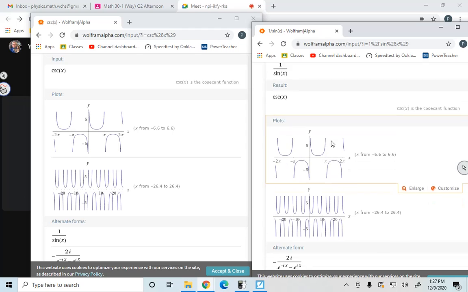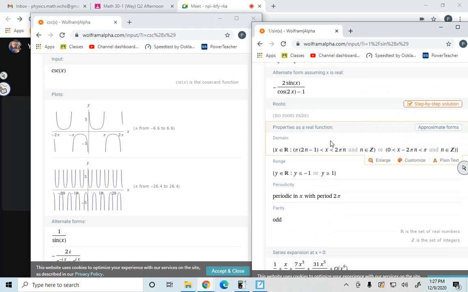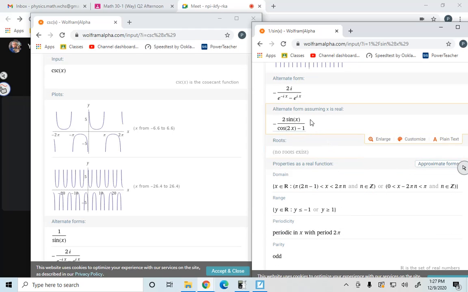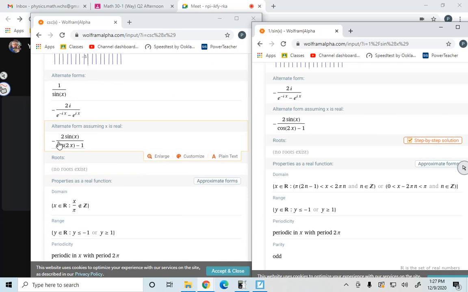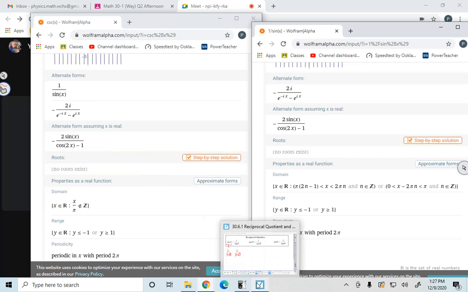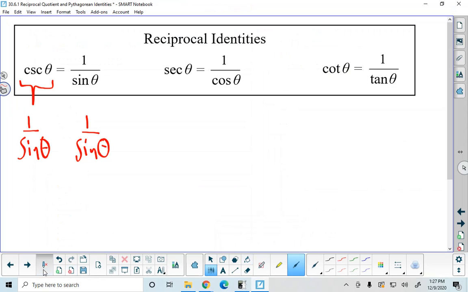It looks like the same thing. What's an alternate form of 1 over sine? It's this expression here. Well, that's the same as an alternate form of cosecant. What I'm getting at is that you have to take our word for it that these things that we've already talked about in this course are always true.